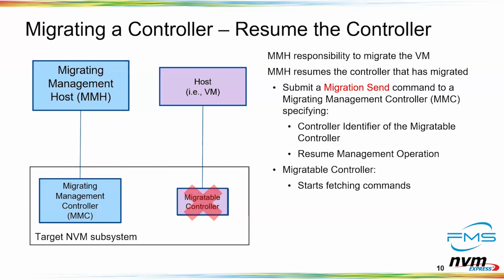And when that message comes in, the migratable controller starts fetching commands, and we start processing commands, and that is how a host VM and the migratable controller is migrated in terms of the suspend, resume, and moving the controller state operations.